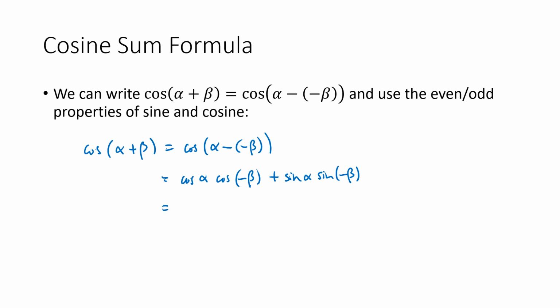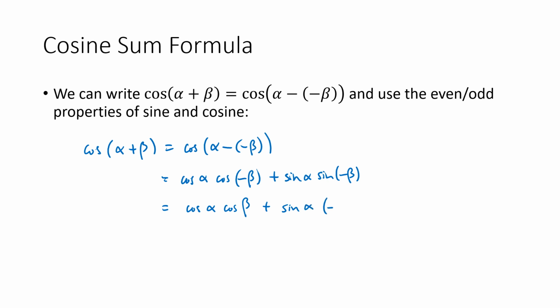Now cosine, as we've seen, is an even function, so cosine of negative beta is just the same as cosine of beta. But sine is an odd function, so the sine of negative beta is actually negative the sine of beta.